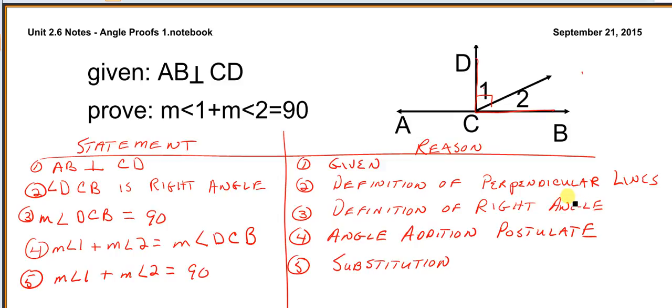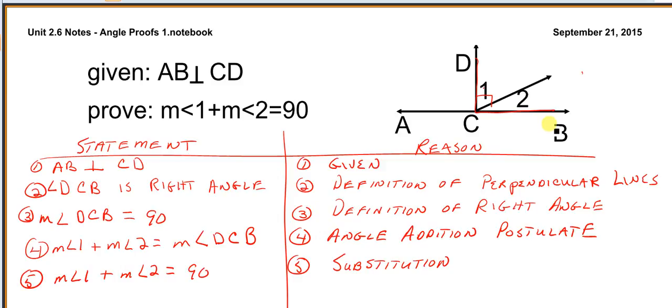Now I'm going to also use the angle addition postulate, because what we're trying to prove is that the measure of angle 1 plus the measure of angle 2 is equal to 90. Well, the measure of angle 1 plus the measure of angle 2 is equal to the measure of angle DCB. So I wrote that as a separate statement, by the angle addition postulate: 1 plus 2 equals DCB.